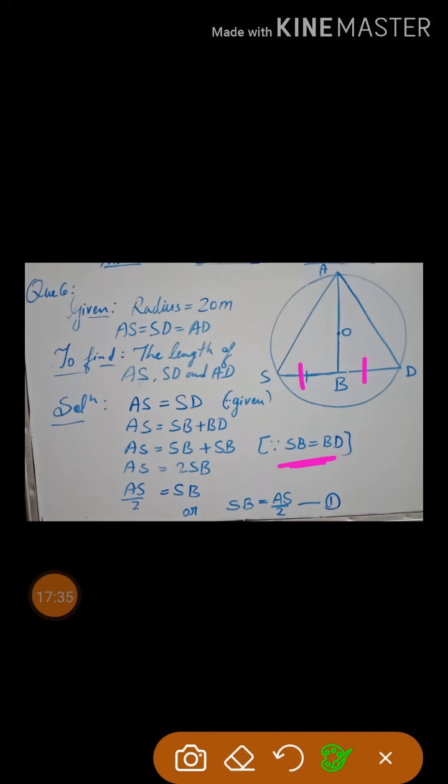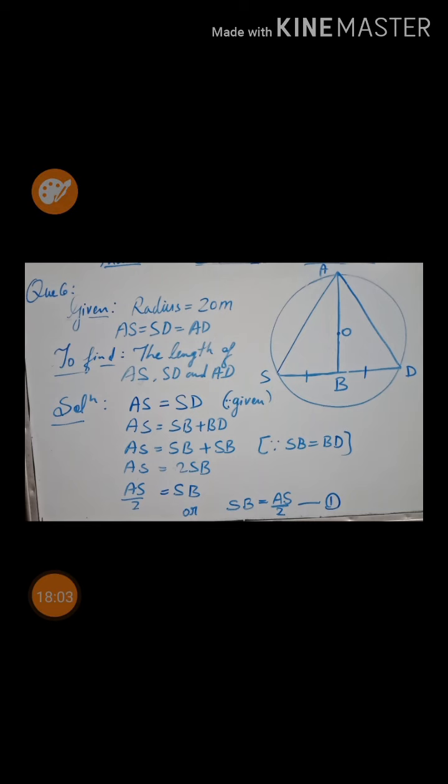Now SB is equal to, this 2 will come to the left hand side as the divisor, so it will be equal to AS by 2. So we can write here SB is equal to AS by 2. Means the length of SB is half of AS. This is our equation number 1.